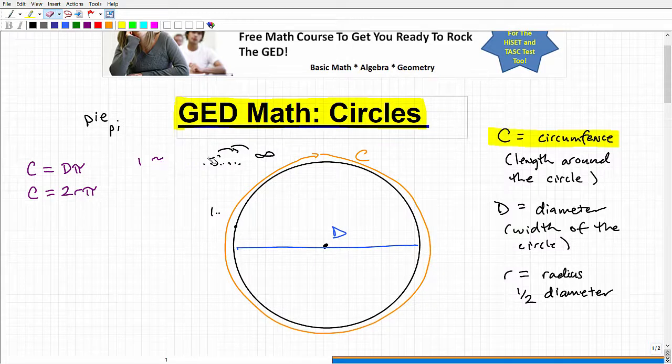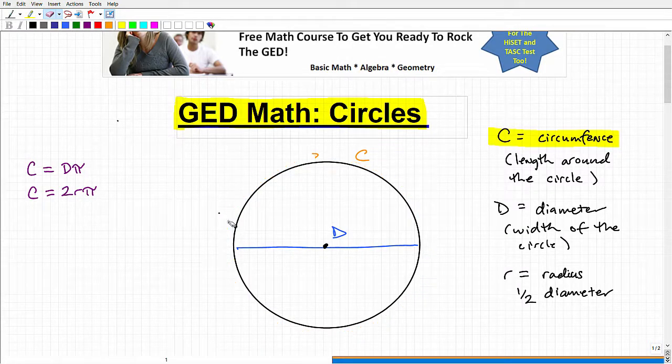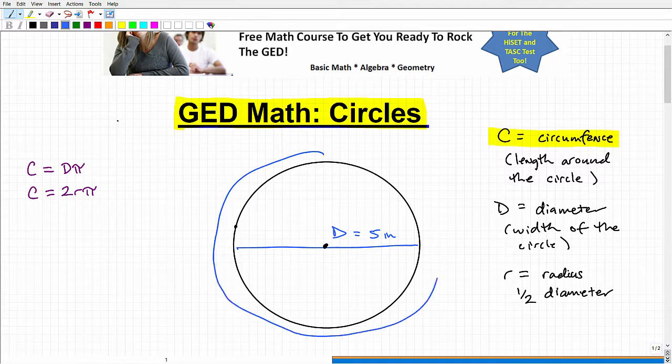So let's do a quick example problem here, and then we'll move on to something else. Okay, so let's suppose my diameter of this circle is, I don't know, 5 inches, okay, and I wanted to calculate the circumference. I wanted to know what the distance around the circle is.